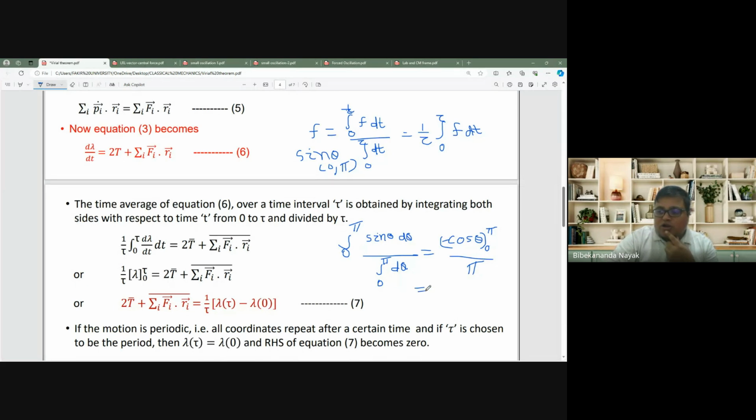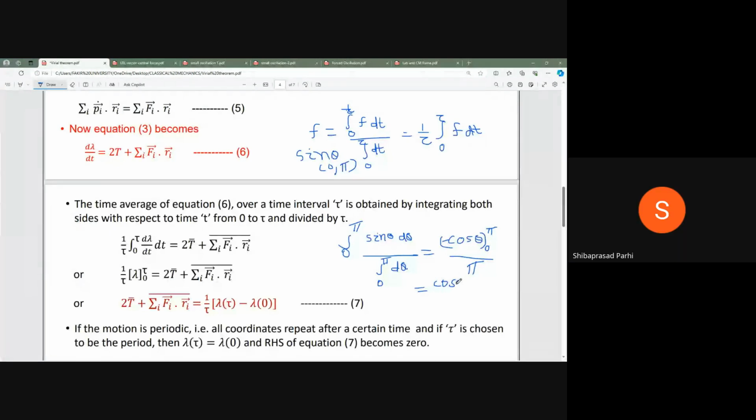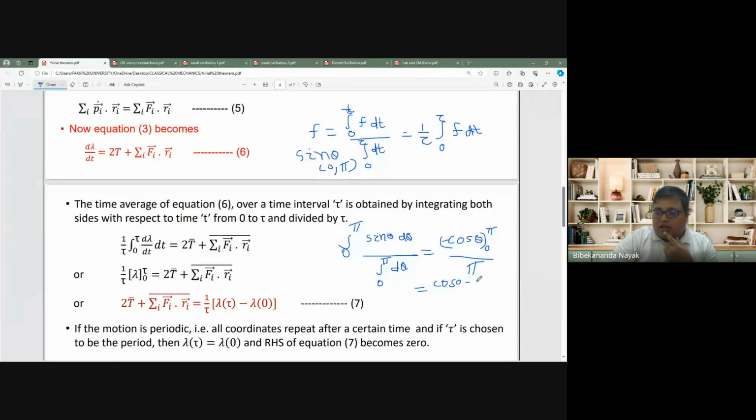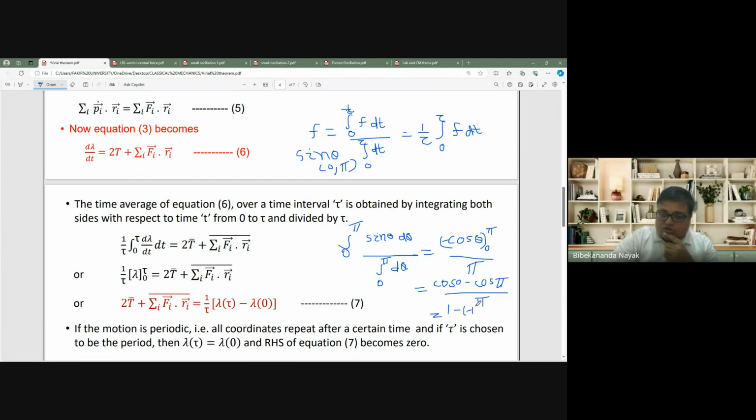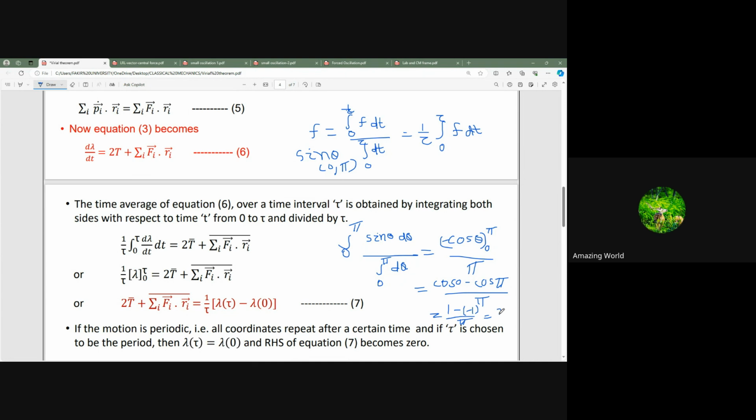So it will be cos 0 minus cos pi. Cos 0 is 1, cos pi is minus 1. So 1 minus minus 1, that is 2, by pi. So it is 2 by pi, not 0 at all.